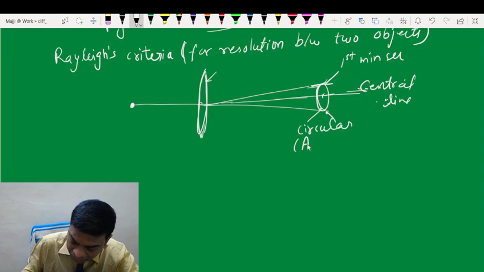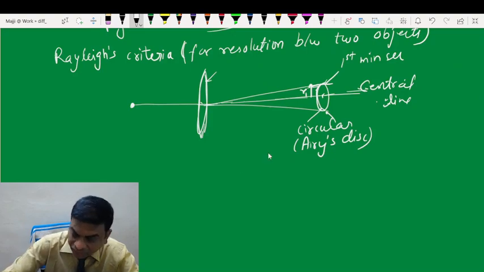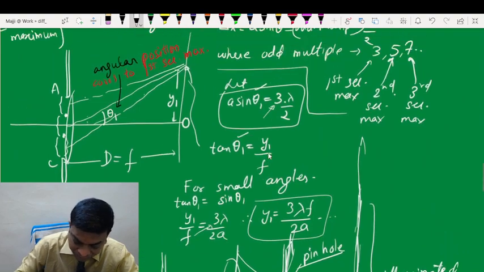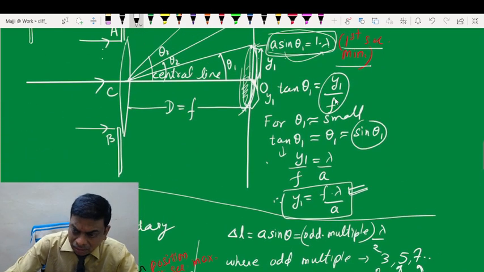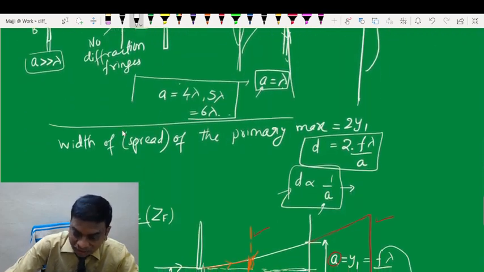This is known as the Airy disk. This will be the radius of the Airy disk. The radius of the Airy disk is equivalent to y1 here, but not exactly equal, because there we were considering a plane slit, but here we are considering a circular slit.